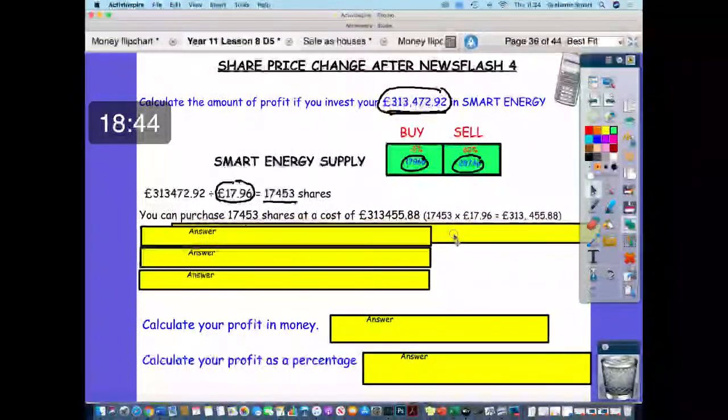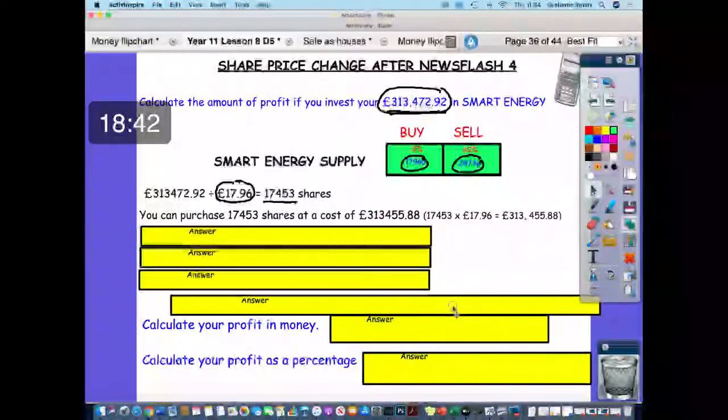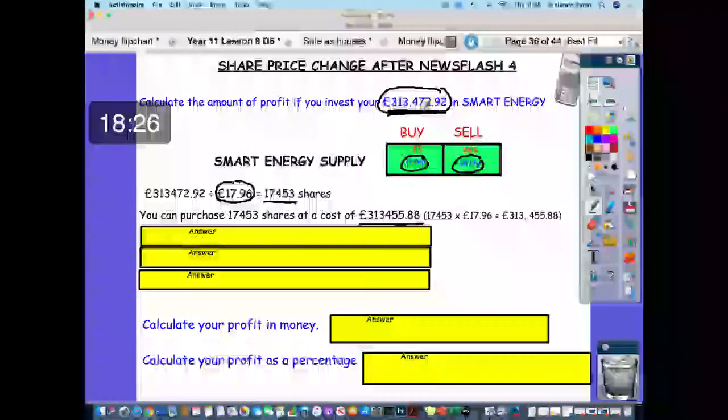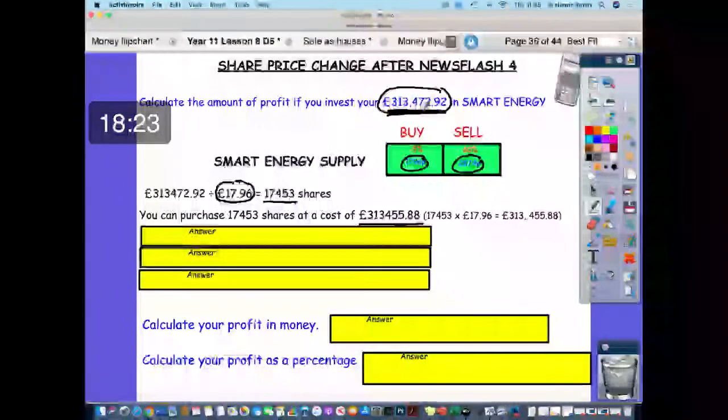Okay, and I've then actually done that calculation here. So I purchased 17,453 shares at a cost of £313,455.88. And you notice that's not quite the same value as we started with, but we didn't quite have enough to buy that final share.